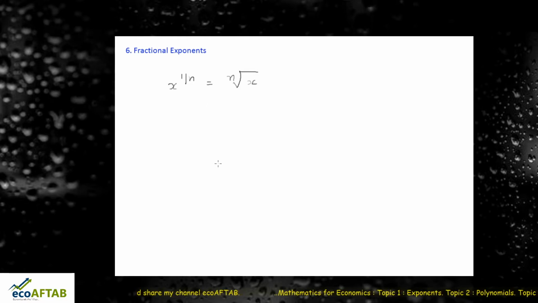So it says, if I take x as 64 and n as 3, 1 divided by 3, 1/3, then this n becomes 3 and this x becomes 64.